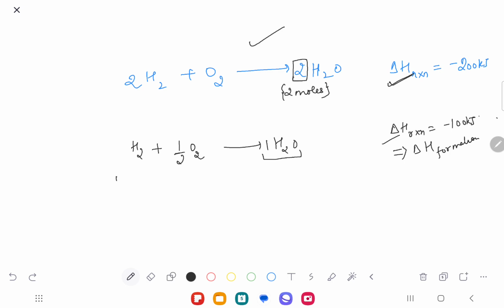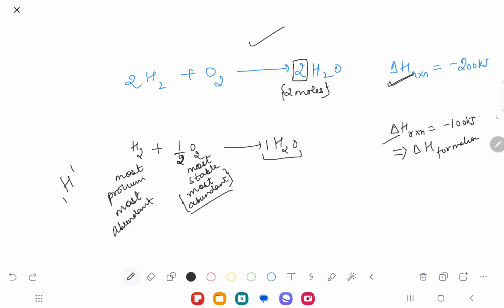And H2 is the most stable isotope, which is protium, H-1, and the most abundant also. And the O2 that is being used is also the most stable and most abundant. Do you understand my point? Yes or no?